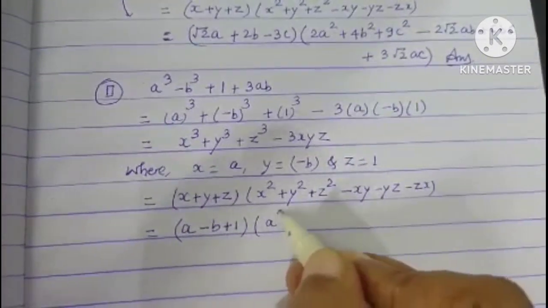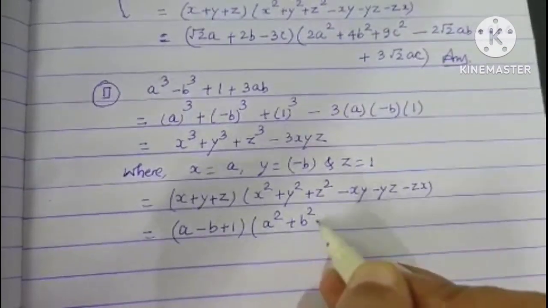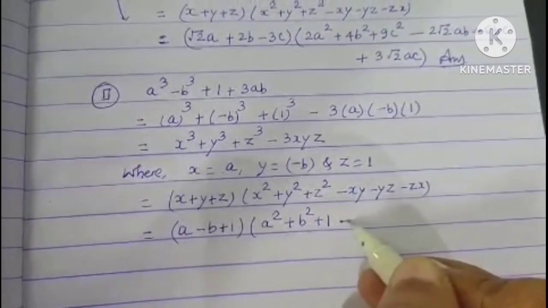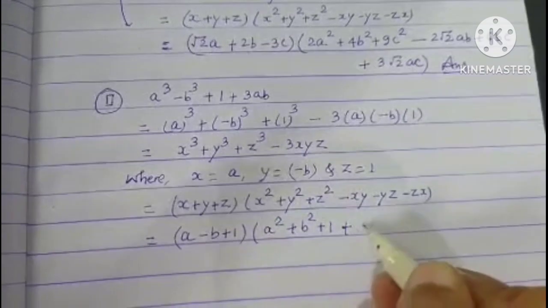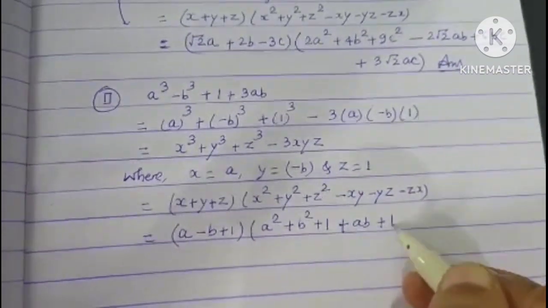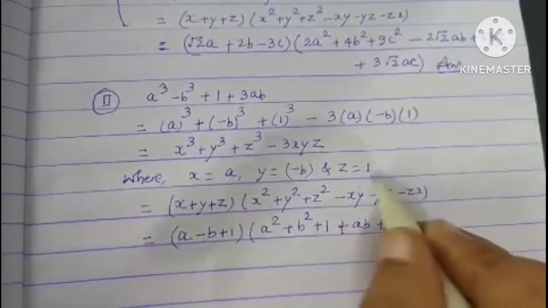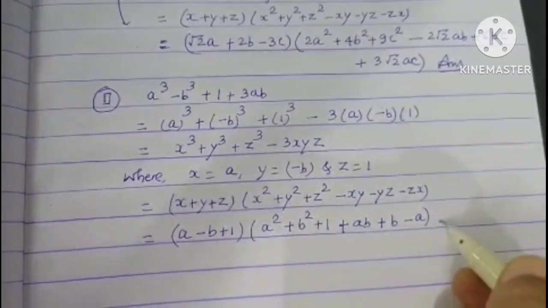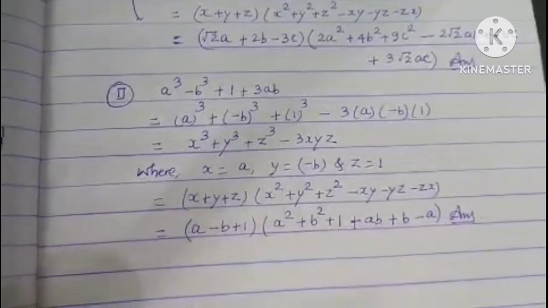Now x square, a square plus b square plus z square minus, so this minus minus becomes plus, plus ab, minus yz, so it will also become plus, plus b, minus zx, it will become minus a. So this will be our answer.